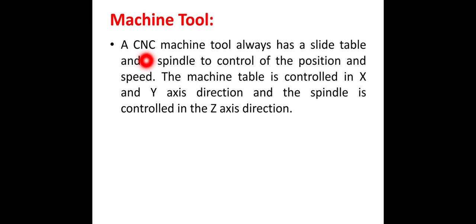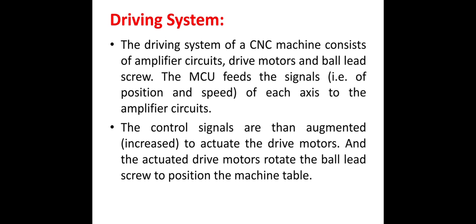A CNC machine tool always has a slide table and a spindle to control the position and speed. The machine table is controlled in X and Y axis direction, and the spindle is controlled in the Z axis direction. The driving system of a CNC machine consists of amplifier circuits, drive motors, and ball lead screw.